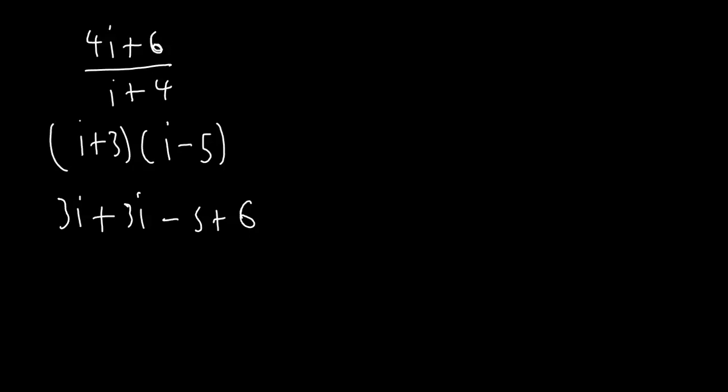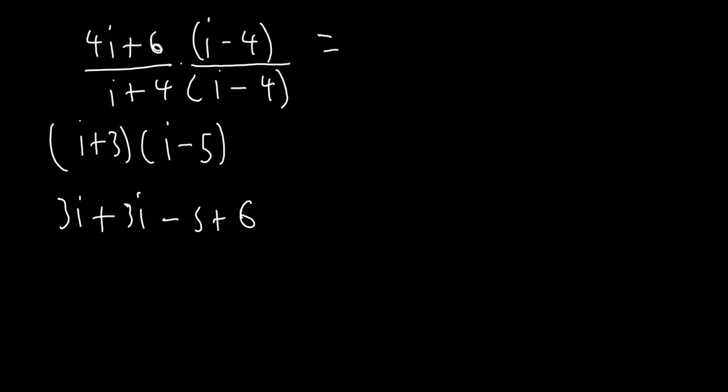Okay, so for the first one, as you can see here, the conjugate of i plus 4 is just i minus 4. You just kind of multiply by the reverse sign. Okay, and then multiply the top by i minus 4 too.